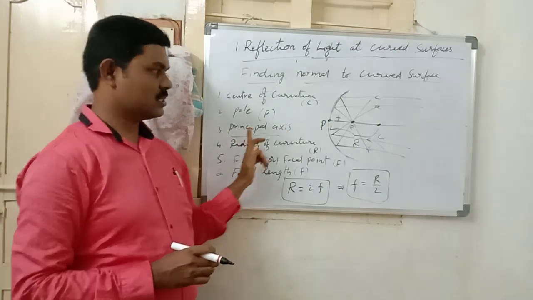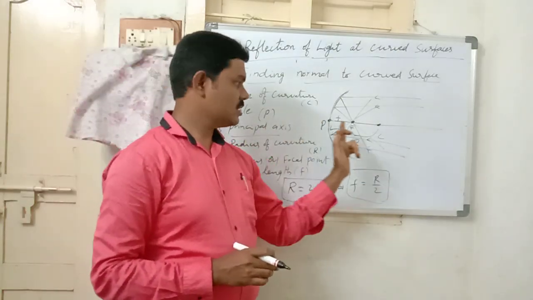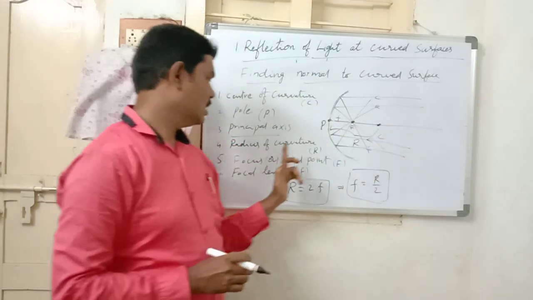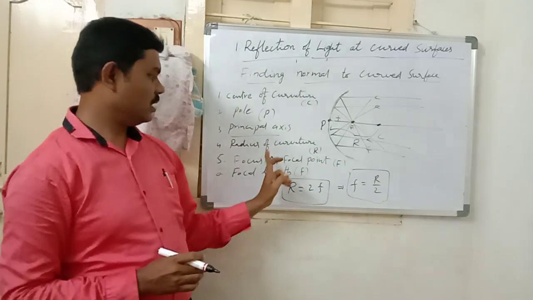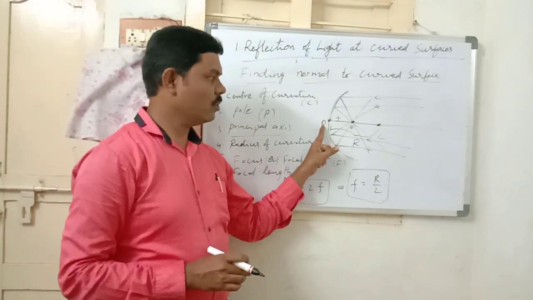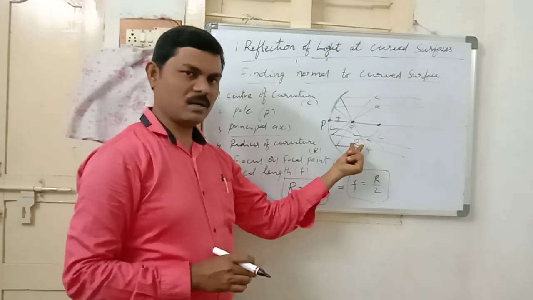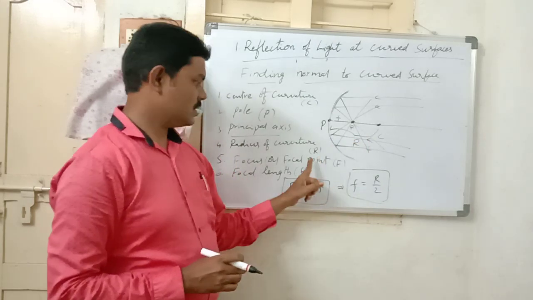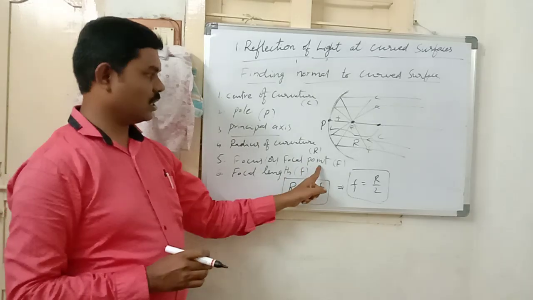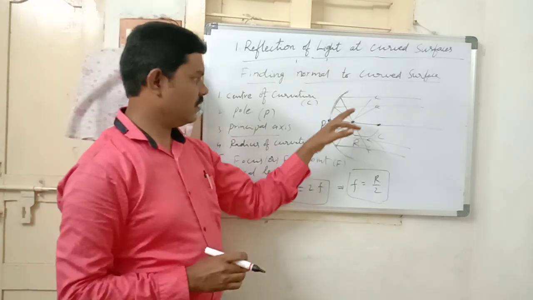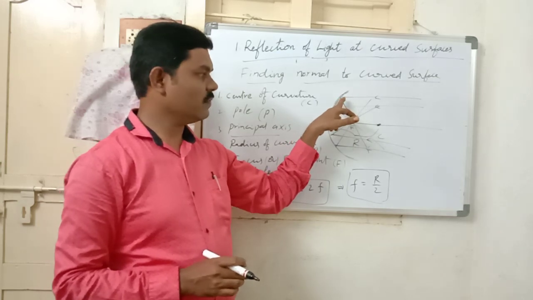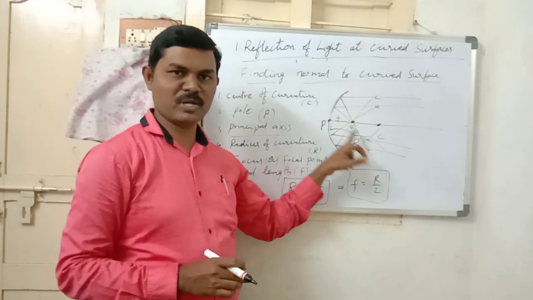Next, principal axis: the horizontal line passing through the pole and center of curvature is called the principal axis. And radius of curvature: the distance between pole and center of curvature is called the radius of curvature, denoted by the letter R. Next, focus or focal point: whenever light rays pass parallel to the principal axis, all the reflected rays will meet at the focus on the principal axis.